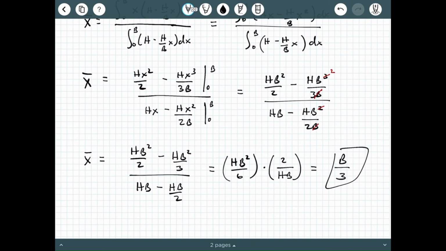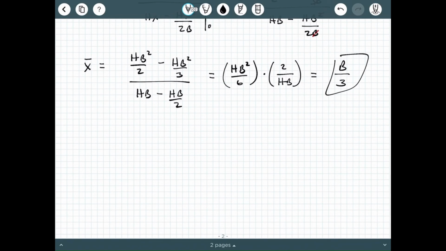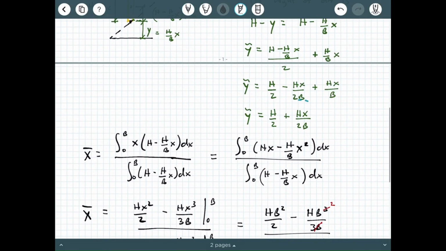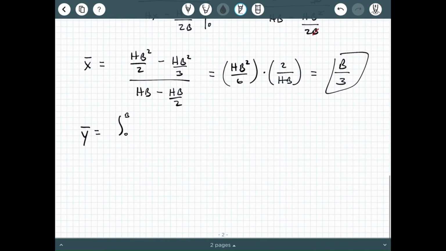And then I'm going to do something similar with y bar. So we're going to say y bar is equal to the integral from 0 to b of y tilde dA. So where's my y tilde? Don't forget, that was the tricky one. Y tilde is right here.